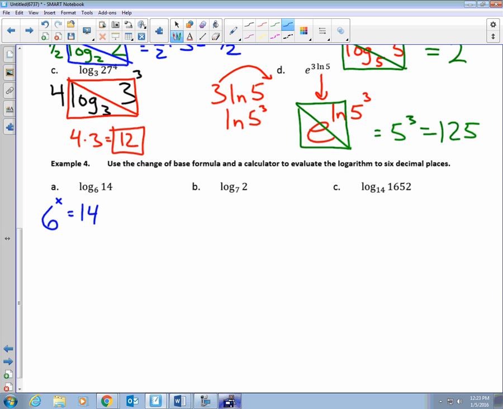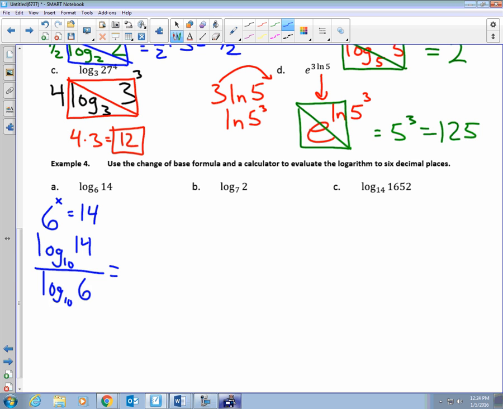What are the two bases you have on your calculator that you know? 10 and e. So we can change the base. We can rewrite this as log base 10 of this number, 14, divided by log base 10 of this number, 6. You can change the base to whatever you want.